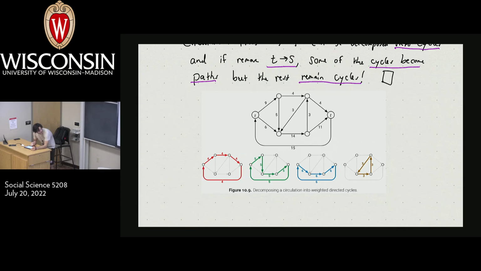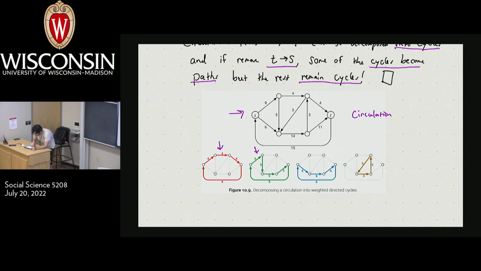And here's an illustration of how you do this for circulations. For this specific graph, this is a circulation because the output of S is 15, and the input of S is 15. Similarly, the input to T is 15, and its output is 15. So this is a circulation. And then we can break it into 4 different cycles. We have this big outer cycle.